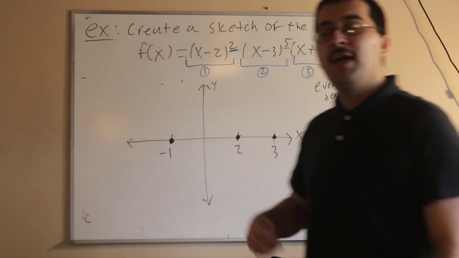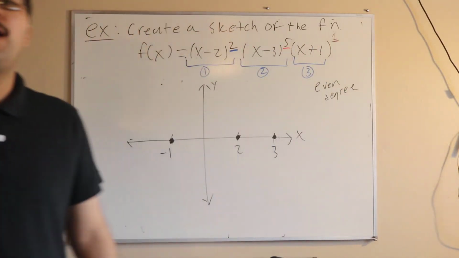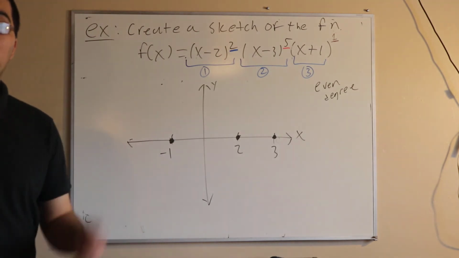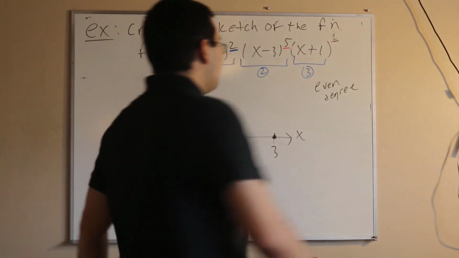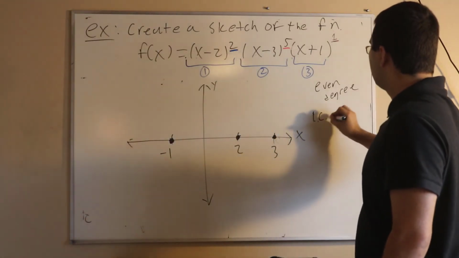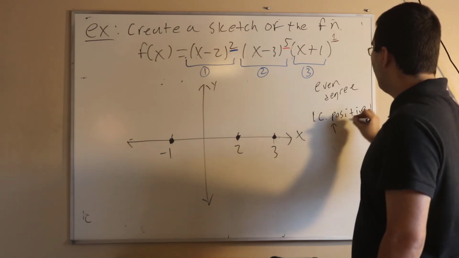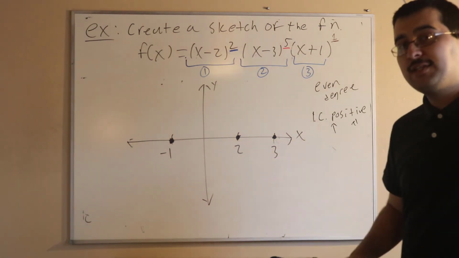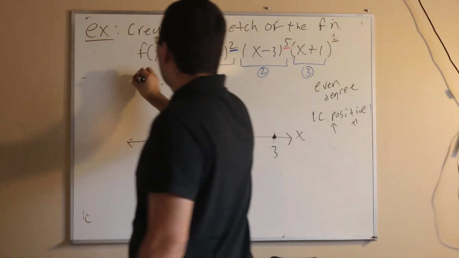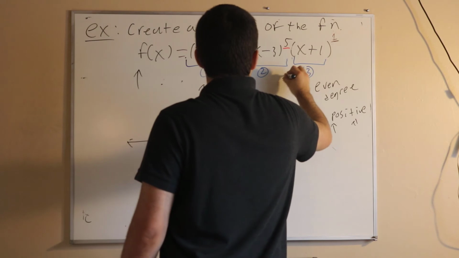So both the left and the right will either rise or fall together. How do we know if they're rising or falling? Well, the leading coefficient was positive. So we know our end behavior is a rise and a rise. Beautiful.